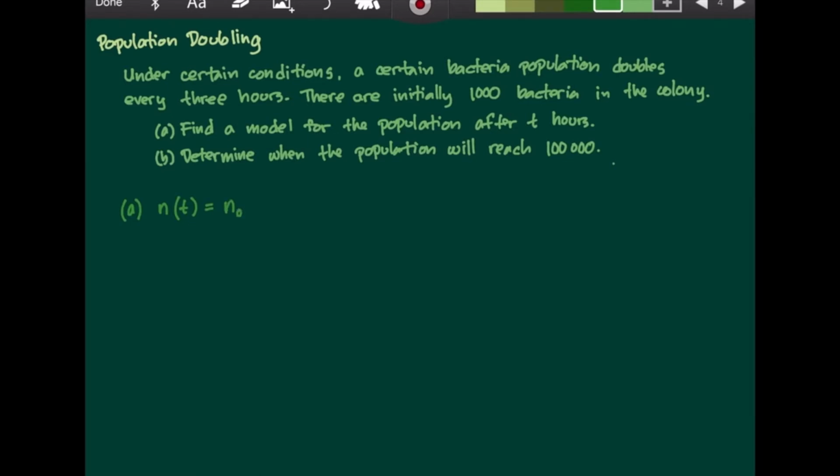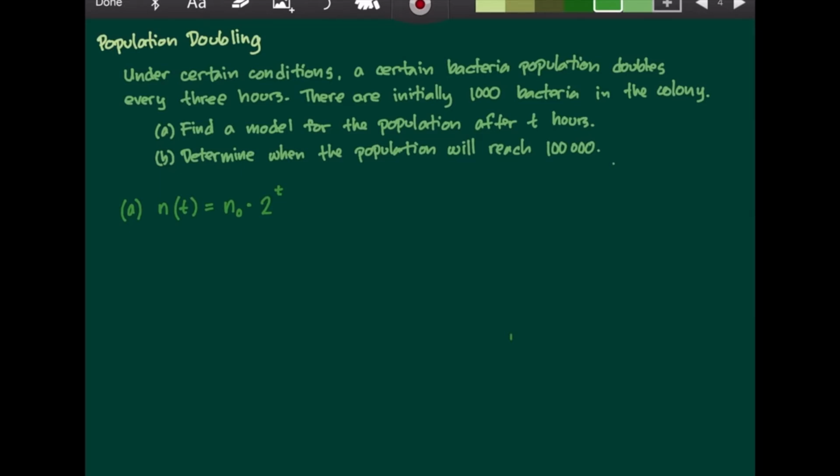So I'm using N kasi we're counting individuals. So the amount of individuals, the population over time or after t number of hours, this is equal to the initial population times 2 kasi ang meron tayo ay nagdo-double siya every 3 hours eh. So i-raise natin yung 2 to a certain amount of time. So it will be 2 raised to t.